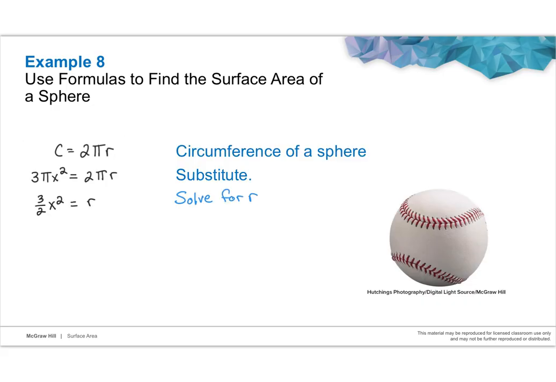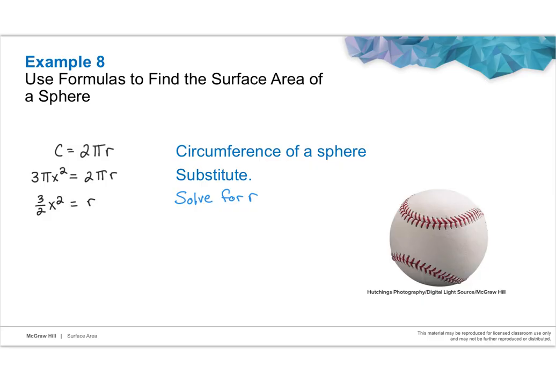So we know our circumference formula is C equals 2 pi r. So we're going to take the given circumference expression of 3 pi x squared, and we're going to set that equal to 2 pi r. Now, what we need to do is to solve for the radius.